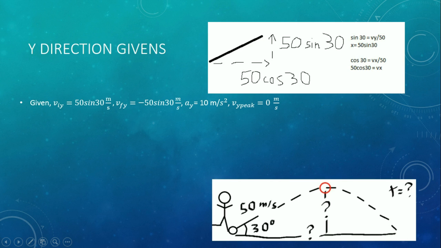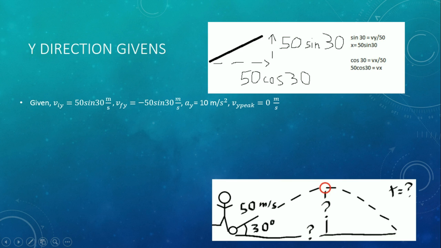And then the vector times the cosine of the angle equals the magnitude of the x component. So it's important that these little things here always give us the magnitude of the two vectors. So 50 sine of 30 gives us the y magnitude. 50 cosine of 30 gives us the x magnitude.